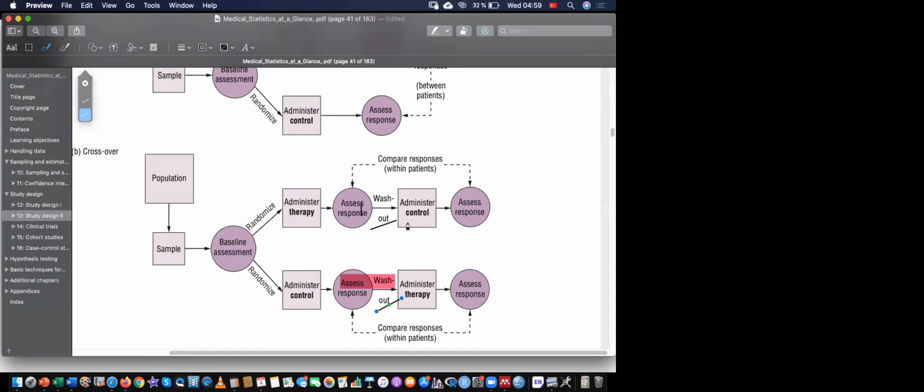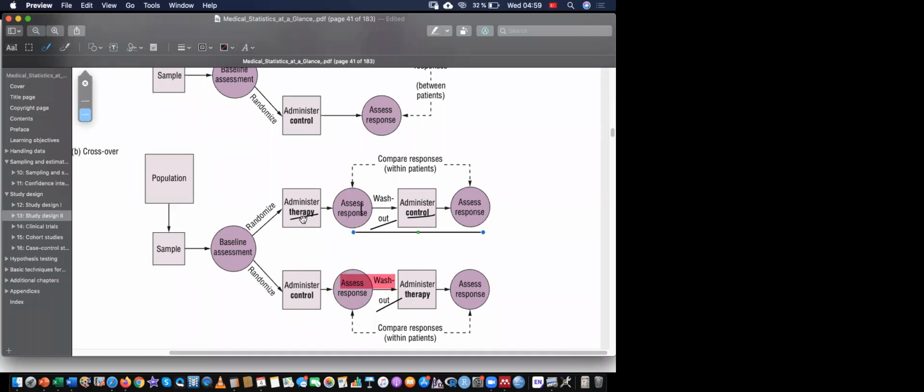After this, you see the therapy group becomes the control group. You switch the medications. You give medication A to this group and medication B, the therapy, to the other group. In this way, you have the possibility to compare within groups. In the parallel study, you could compare only between groups, the therapy and control groups.